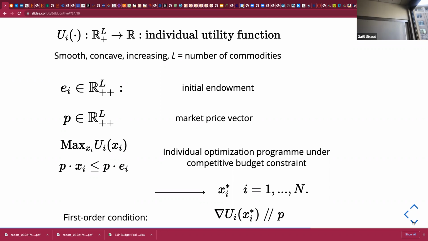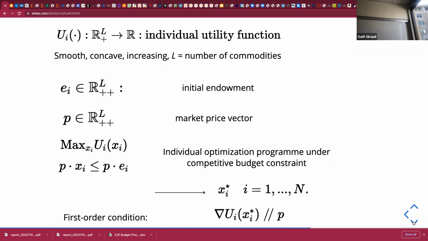And of course, there is a price vector p, which tells you how much you have to pay for each commodity, for the pizza, the screen, etc. Then what each household is supposed to do is to find a vector of commodities, x_i, in R^L, which maximizes his or her utility, subject to the budget constraint, that is, the price of the commodities I'm going to consume cannot exceed the price of my own portfolio.